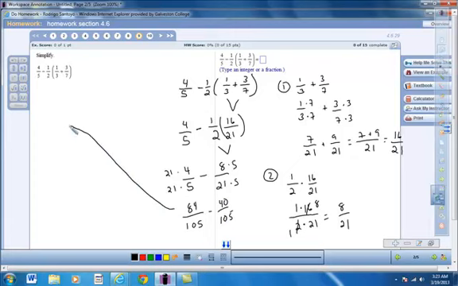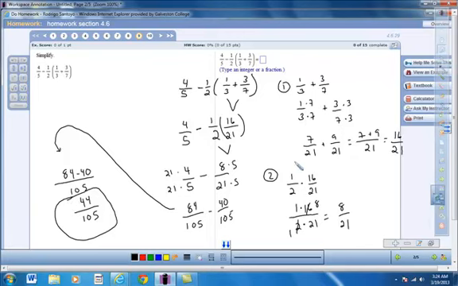Come over and bring the work over here. So I get 84 minus 40 over 105. When we subtract that, we get 44 over 105. And we will see here that we will no longer be able to break this up anymore. So that is our solution there.